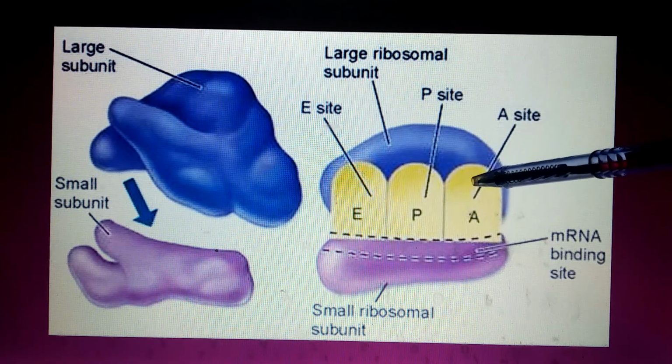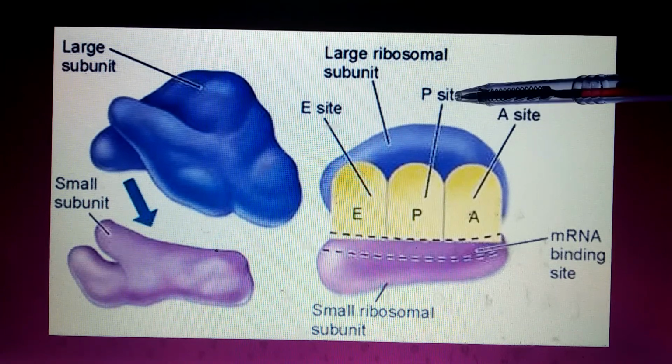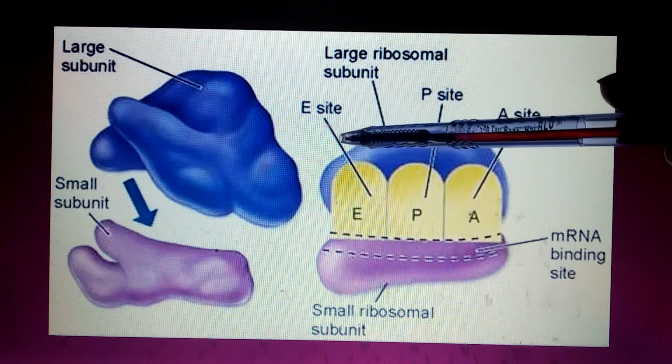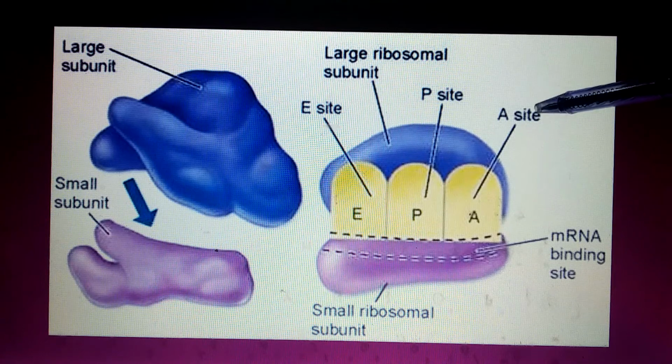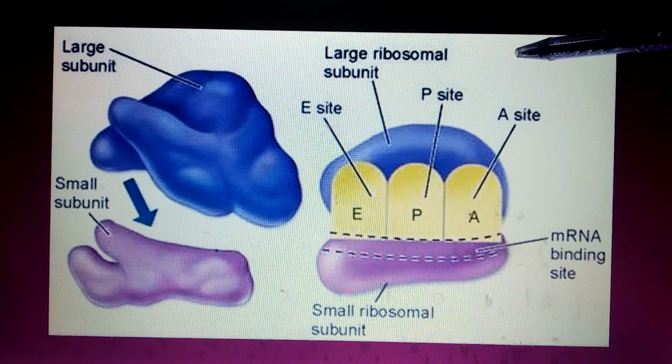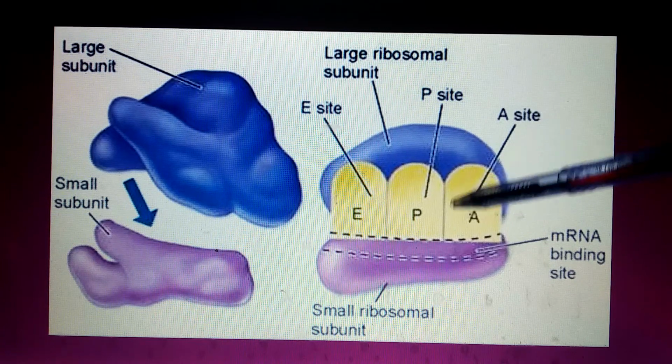I'm discussing it a little here. A site for amino acids, P for the polypeptide, meaning the protein chain, and the E for what? E for the exit site. So the transfer RNA picks the amino acid from the cytoplasm and brings it to the A site.